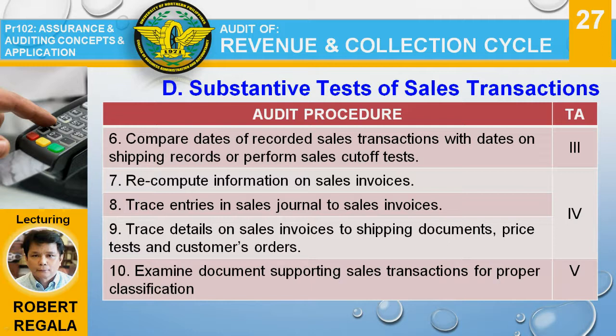Related to audit procedures numbers 7 to 9, for a sample of entries in the sales journal, A. Examine sales invoice, shipping documents, and customer order for consistency of descriptions and quantities. B. Examine sales order for credit approval, and C. Check prices and extensions.